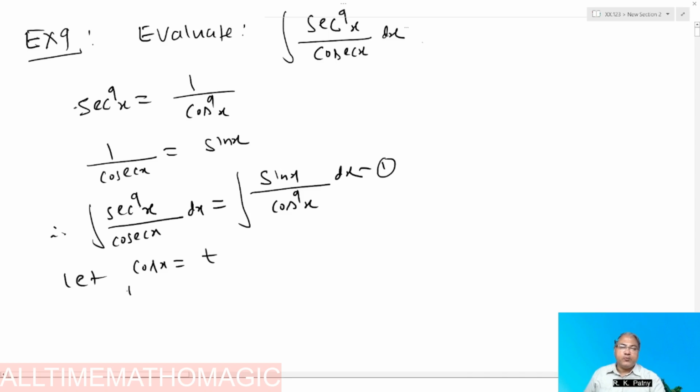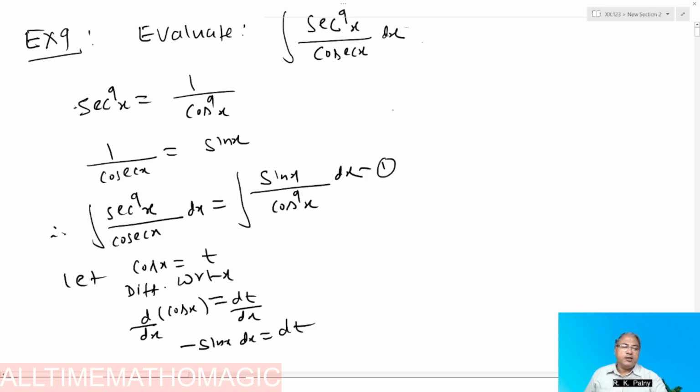As soon as you put t, we have to differentiate with respect to x. So differentiation of cos x with respect to x equals dt by dx, that is equals to minus sin x, so sin x dx equals to minus dt. So this was the second, and it was the third one.